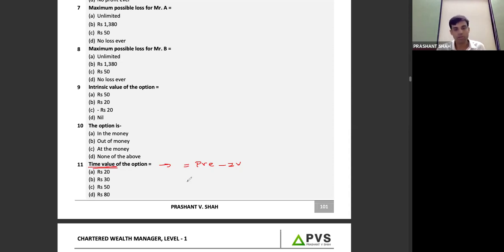In our case, intrinsic value is zero. So whatever premium is paid is the time value. Now, say for example, had the market price been 1400, then intrinsic value would have been 20 rupees. So time value would have been 50 minus 20, which is 30. But of course, the option is out of the money and still has a premium of 50.